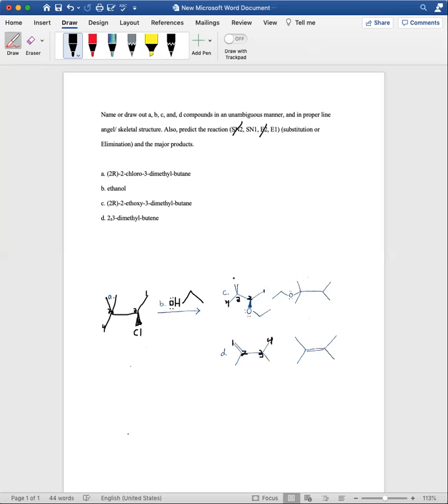Okay, which one is SN1 and which one is E1? By only just looking at them, I can tell you this one is E1 or elimination. Why? Because we have a double bond. It's easy, right? Okay, and this one is SN1. So this one is our substitution reaction, and this is the elimination reaction.